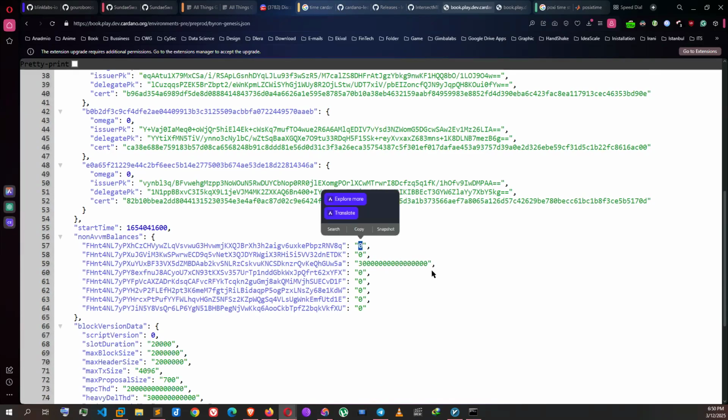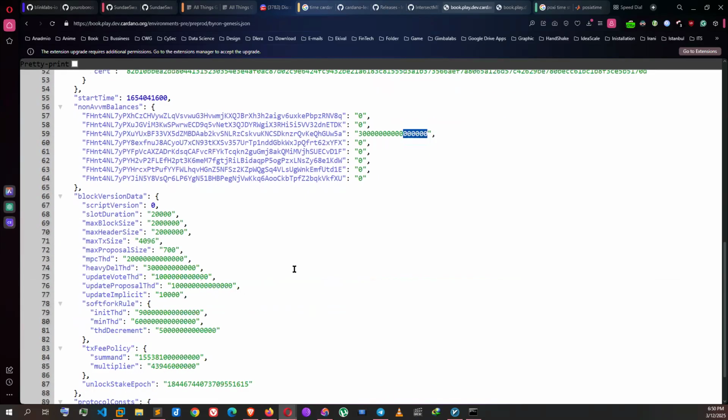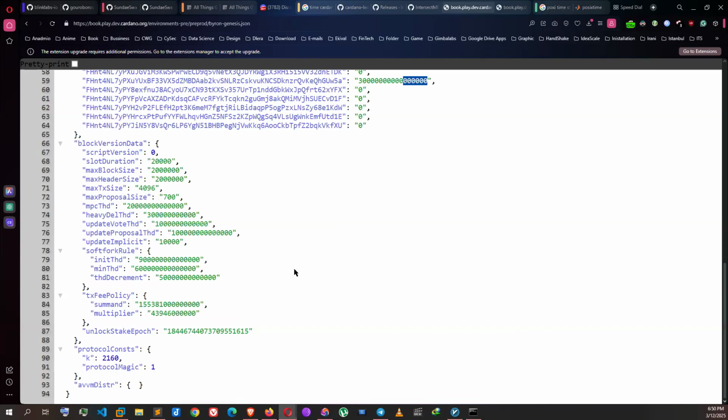Most of them get 0. Someone got, is it 30 billion ADA? That would be the initial 30 billion. That was essentially the first mint. Yeah, the first mint. That was how it started.